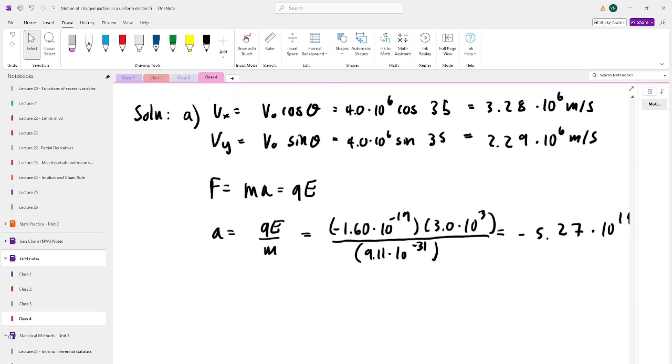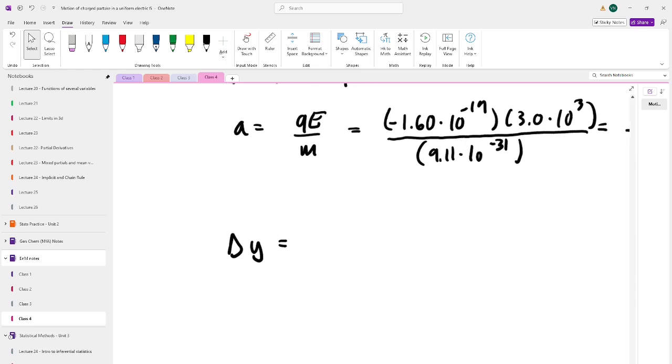So now we have a bit more information. We have the initial speed, we have the acceleration, and we have the mass, and we're looking for the time. So we can use this equation here.